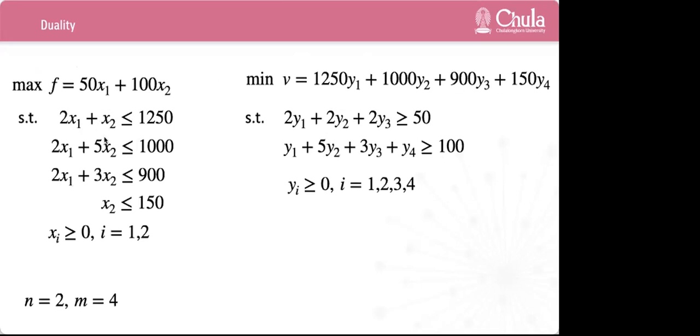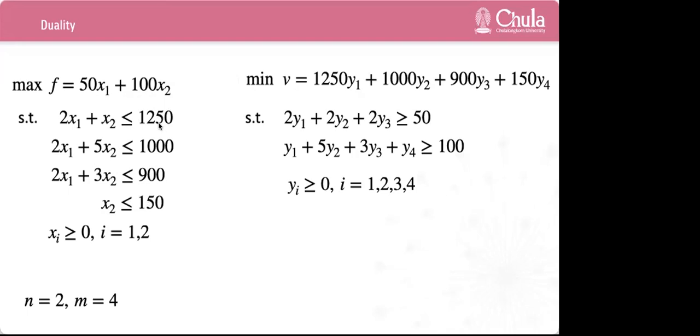For example, in this case, you see that the number of constraints and the number of variables are not identical. In the primal problem, we have only 2 variables, but we have 3 constraints, right? So in the dual problem, we have 3. No, 4.